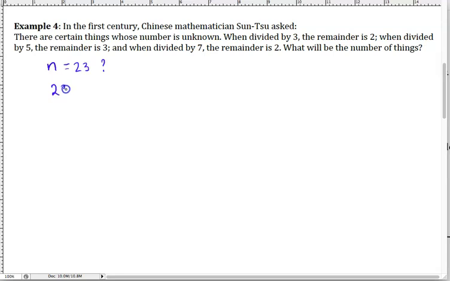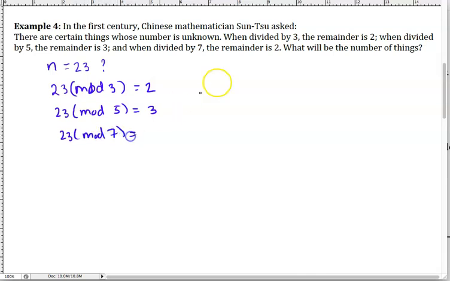Because if I do 23 mod 3, it's going to give me 7 with a remainder of 2. If I do 23 mod 5, I'm going to get 3. And if I do 23 mod 7, I'm going to get a remainder of 2.